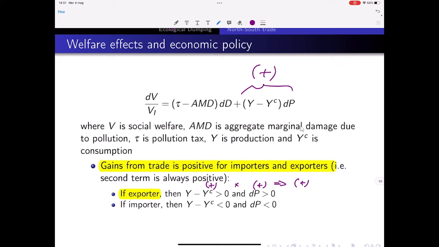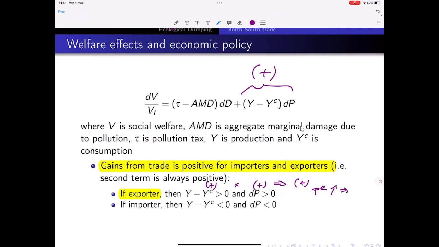Let me repeat this. Y with no superscript is production. YC is consumption of Y. For the exporter, production is larger than consumption, and therefore Y minus YC is positive. But for the exporter, if there is trade liberalization, the price increases, because remember, before the break we have seen that PE for the exporter increases.